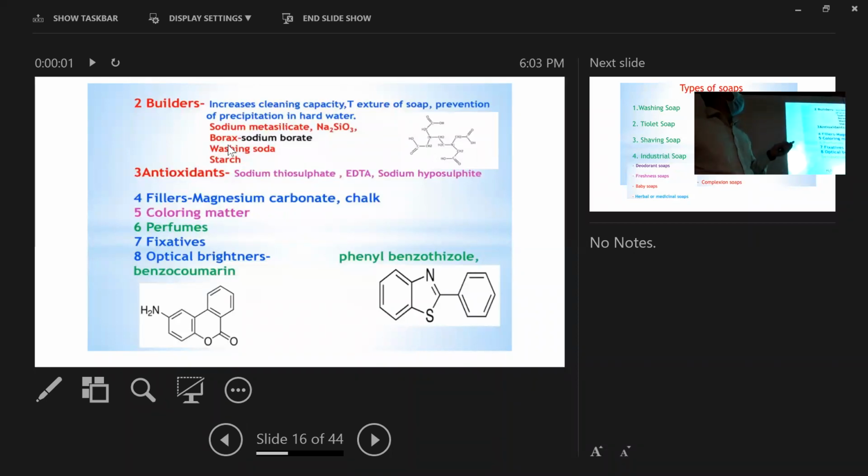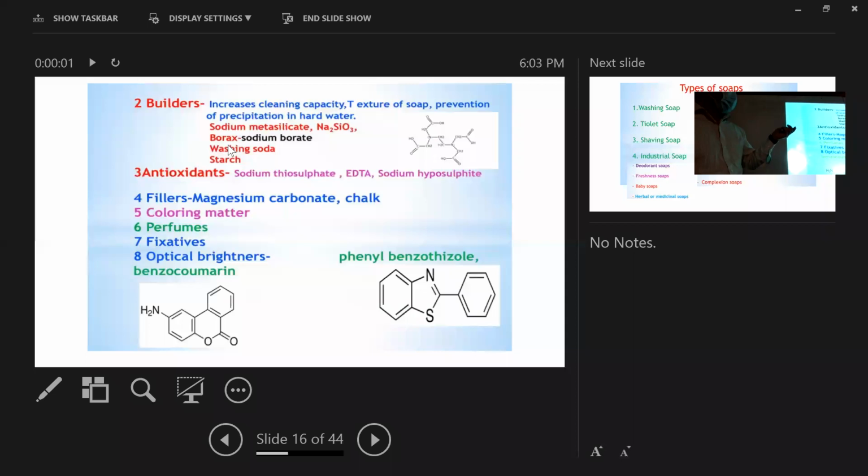So we can consider builders that increase cleaning capacity, texture of soap, and prevention of precipitation in hard water: sodium metasilicate, not metal, borax sodium borate, washing soda, esters. We can add these types of builders so that they can increase different types of cleaning property.